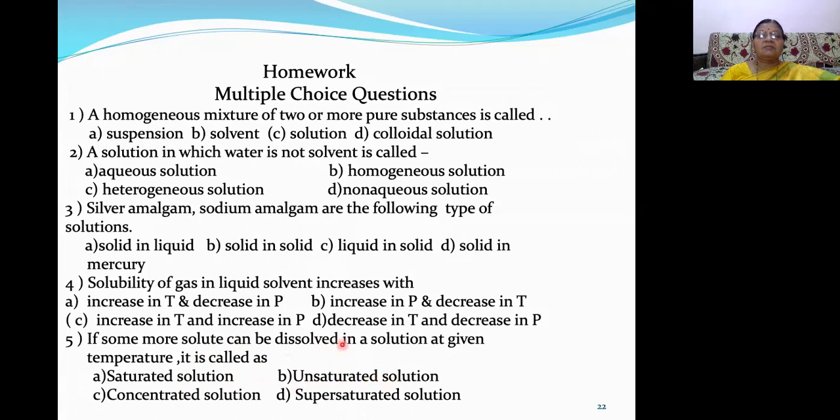So these are some multiple choice questions based on the concepts that you have studied in this chapter.